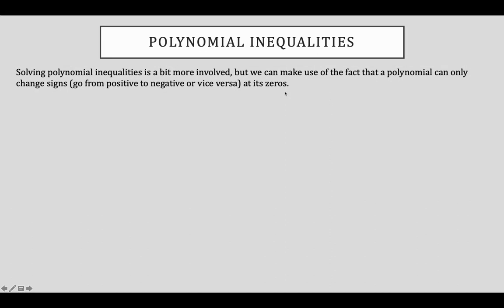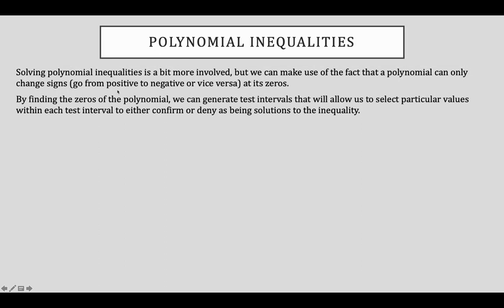If it's going to change from positive to negative, it has to go through 0. So we are going to start off by finding the zeros of the polynomial. Then we can generate test intervals that allow us to select particular values within each interval to either confirm or deny as being solutions to the inequality.